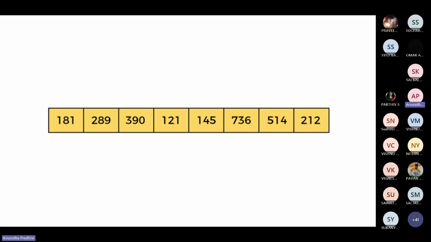Okay, so next again take the next least significant digit. For 390, the next least significant digit is 9, right? Store it in bucket 9.